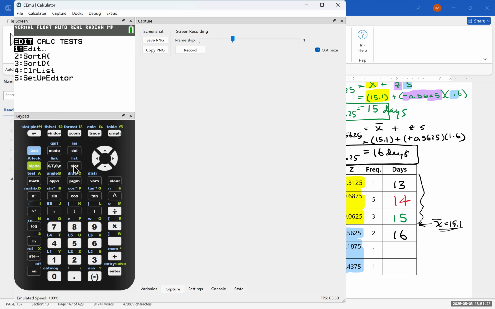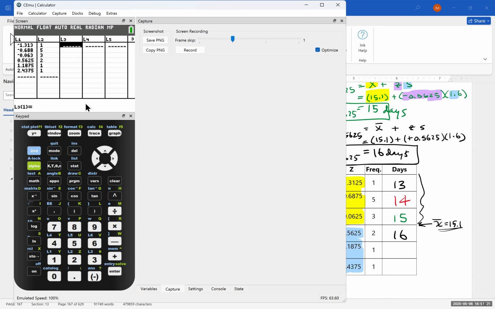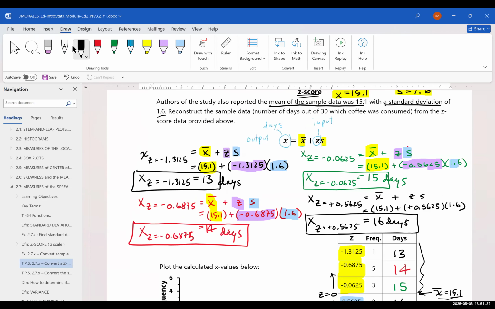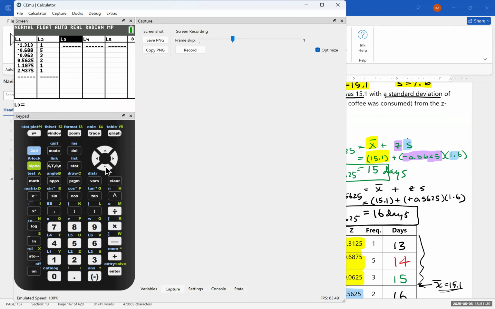Okay, so let's go ahead and quit out of this, and let's go to stat, edit. We're going to program list three. So list three is we're going to put this formula in: x bar plus zs. Make sure that list three is selected here at the top and it says L3 down here at the bottom. And so we need X bar.